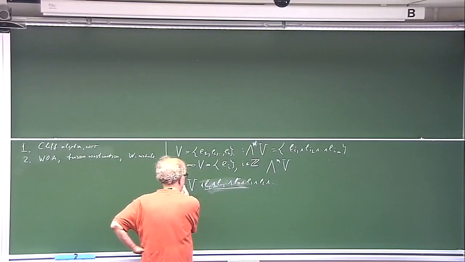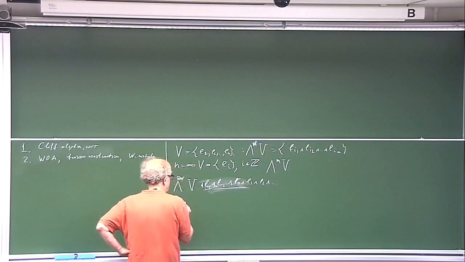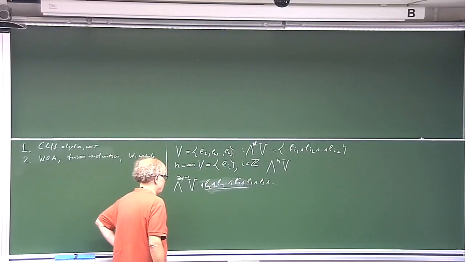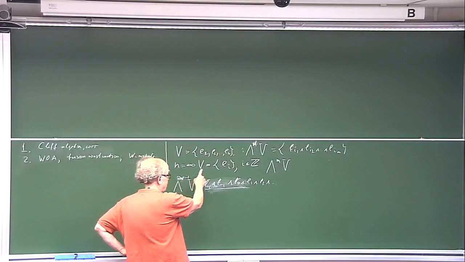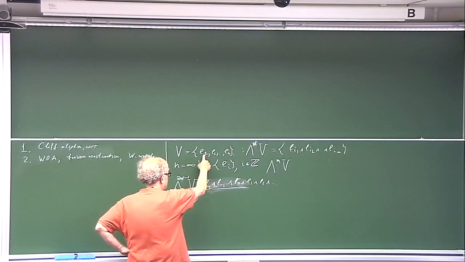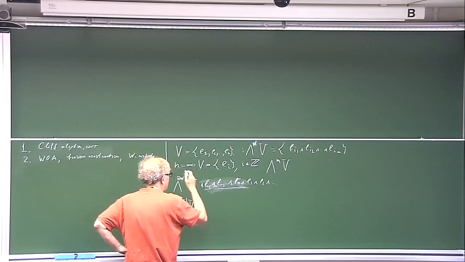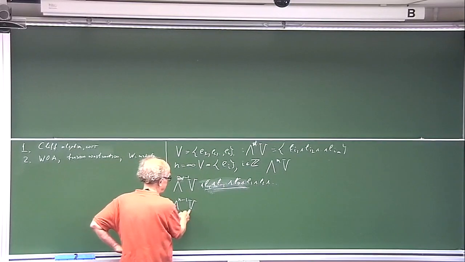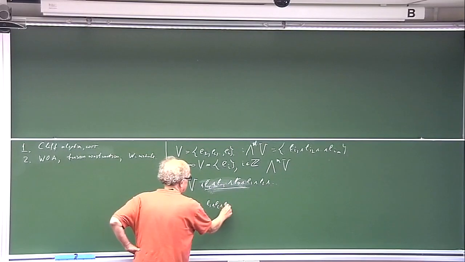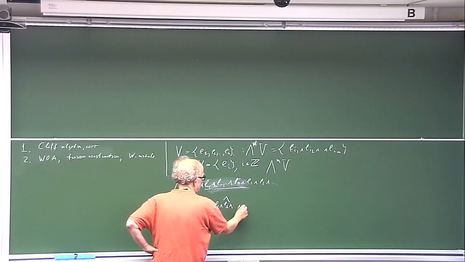For example, at least formally, we can consider something like this also. In this case, I'm talking about lambda n minus 1 V. And here the basis is, say, E1, E2, and some E3 is missing, and then En.